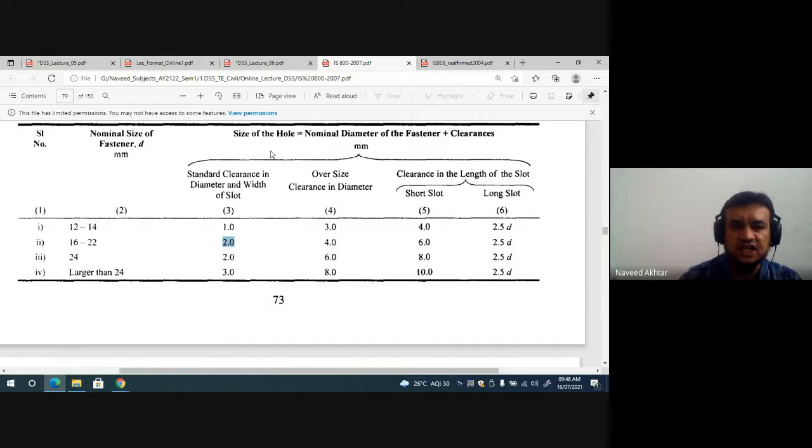So that is the size of hole as per the nominal diameter of fastener plus the clearance.